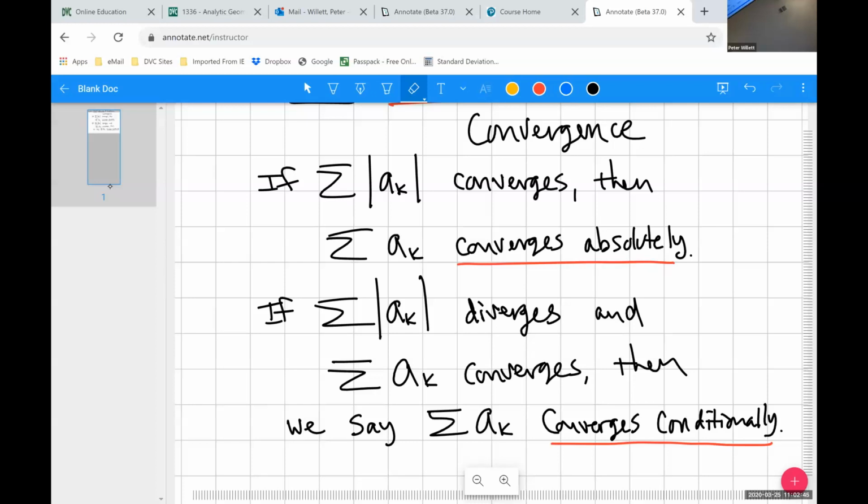So let me put a little example next to it that we've already looked at. So an example would be the series of -1 to the k plus 1, so it alternates, divided by k squared. So we looked at this. Oh, that looks terrible. Let me just rewrite that. Sorry.